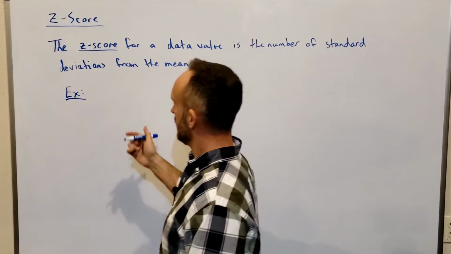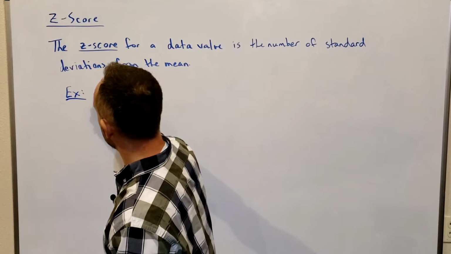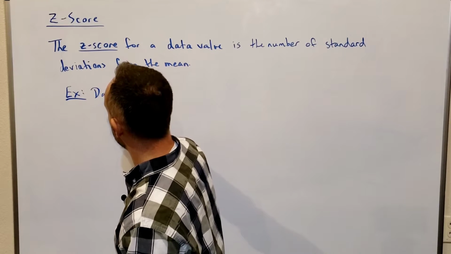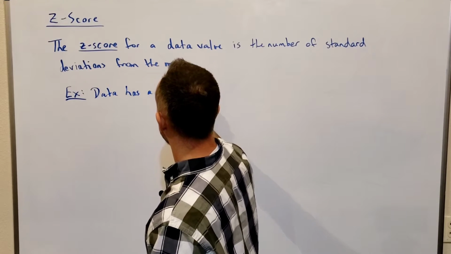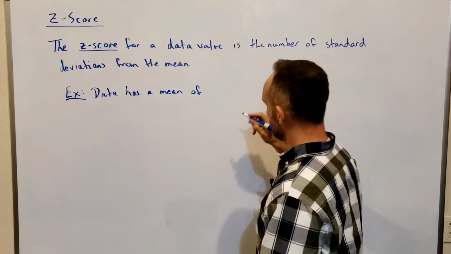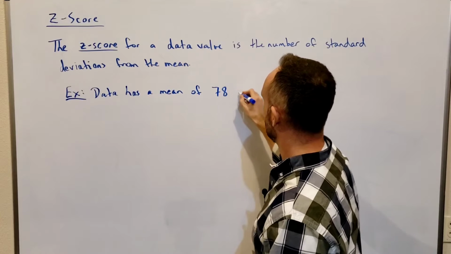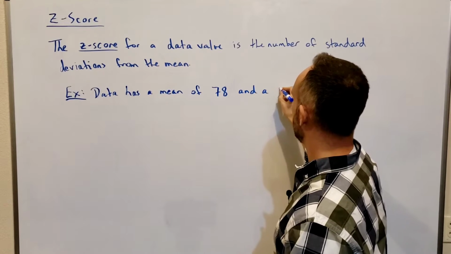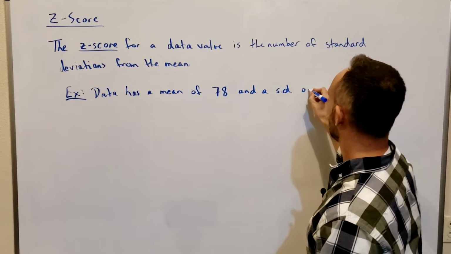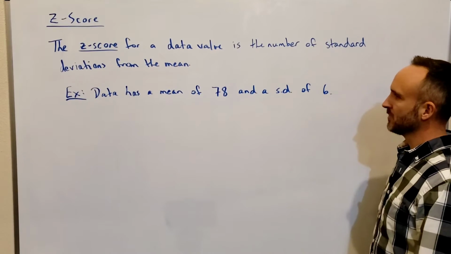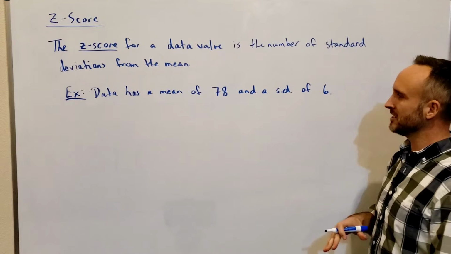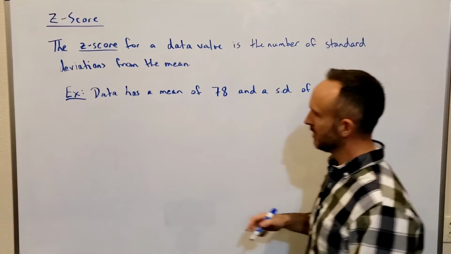So let's say that we have a data set that has a mean of 78 and a standard deviation of 6. Okay? So that's the scenario we're working in.